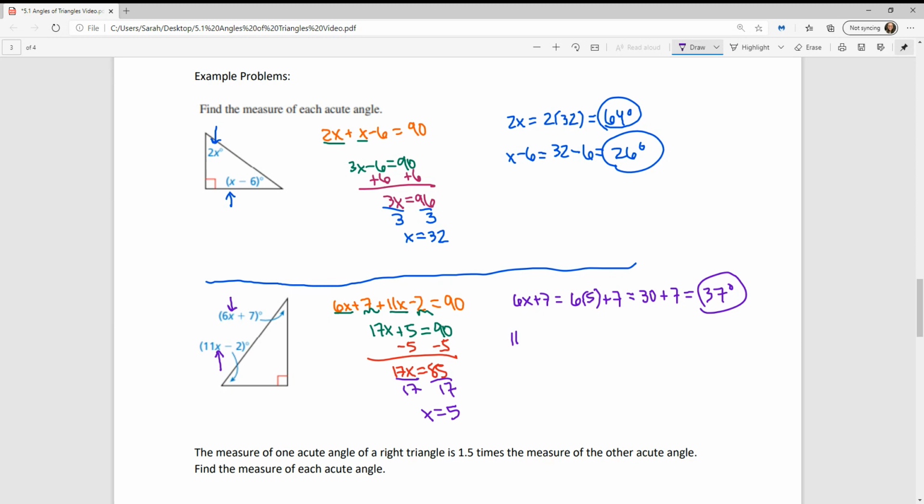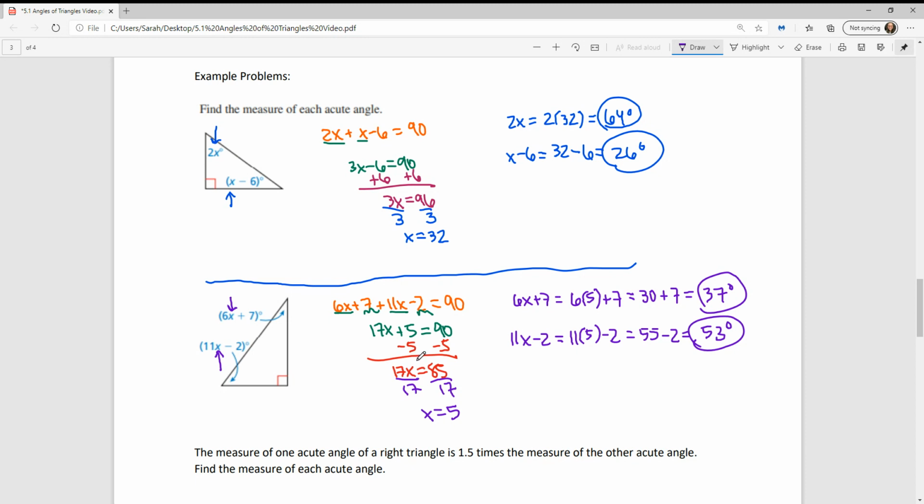The other one is 11x plus 2. But since x is 5, I'm going to plug that in to the x spot. 11 times 5 is 55, plus 2 is 57. So my two angles are 37 degrees and 57 degrees. If you add those together, it equals 90, which is what we were expecting.